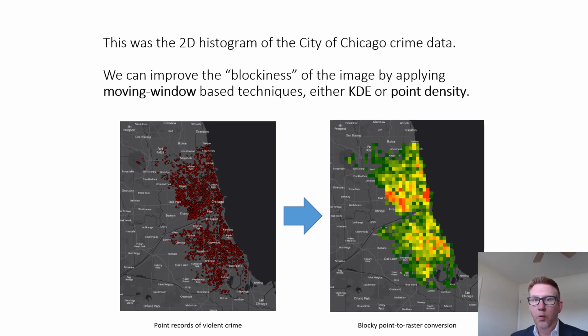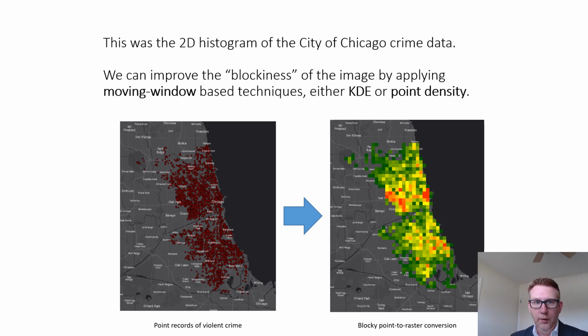So what we want to do is essentially apply a moving window kind of approach to this. Now, one easy way of treating this would be to use something like focal statistics to smooth it out on the back end, and there's really nothing wrong with that approach.